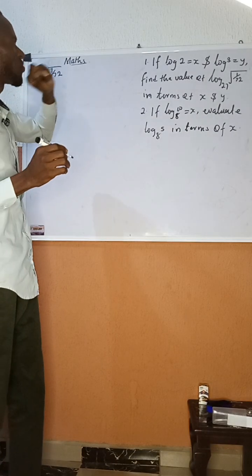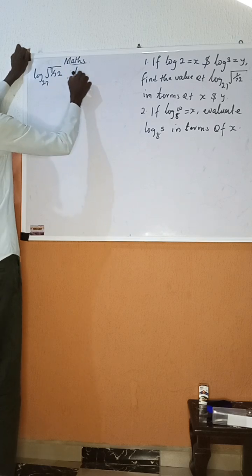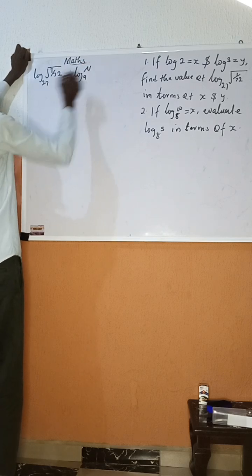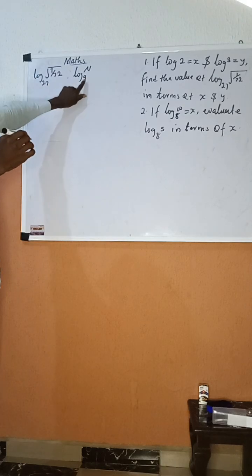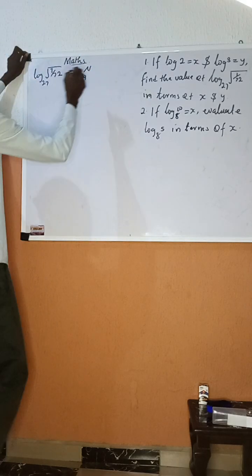And of course, in logarithm, we know that whenever we have something like this, log of capital N base A, and we want to change this base from A into something else, this can be expressed as this.